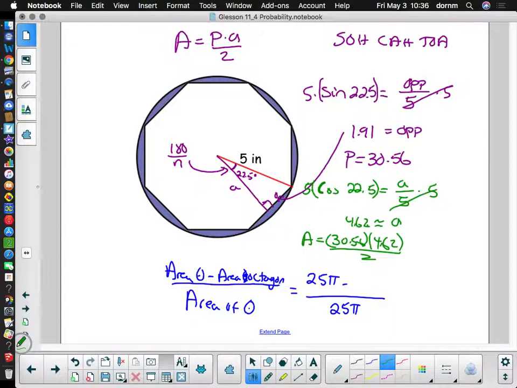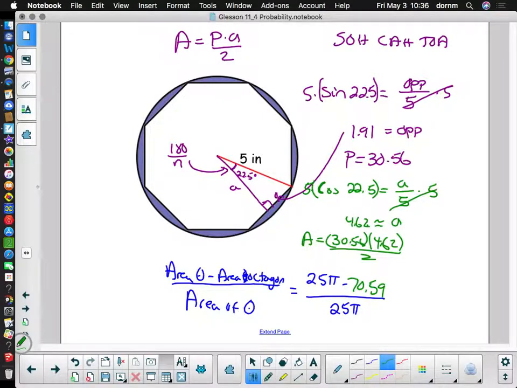So 30.56 times 4.62 divided by 2, I get 70.59. So a little work there to find the area of the hexagon. Or, I'm sorry, the octagon. A little bit of work.